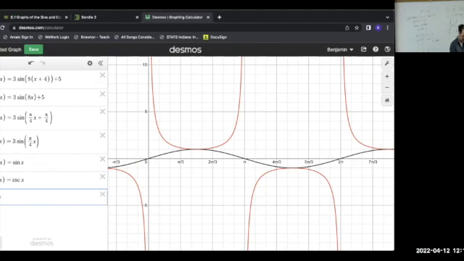I'll put in one asymptote, x equals pi. Okay, so the red is the cosecant. The period is 2 pi, because in order to really repeat itself, we have to go a full 2 pi to get back to the upward U.